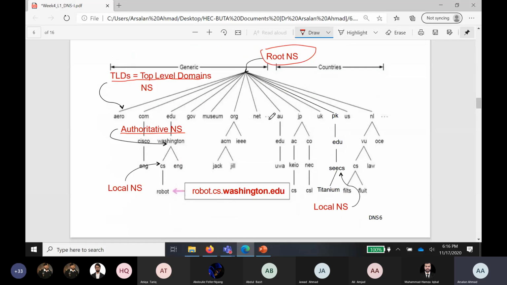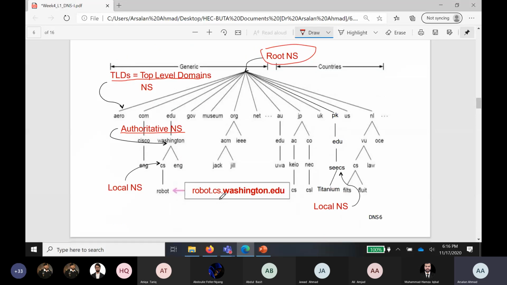So, for instance, if a particular host name is being sought by any device over the global internet, for example, let's say we are sitting on this machine in SEECS, let's say it's titanium.seecs.edu.pk, and this machine wants to connect to this particular host on the other side of the globe, robot.cs.washington.edu.